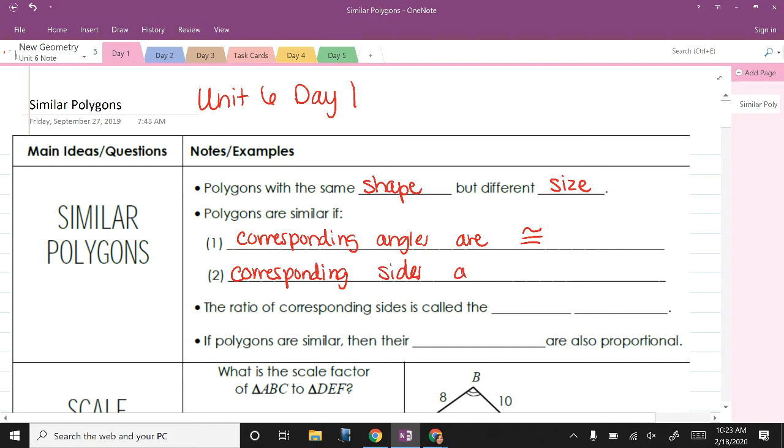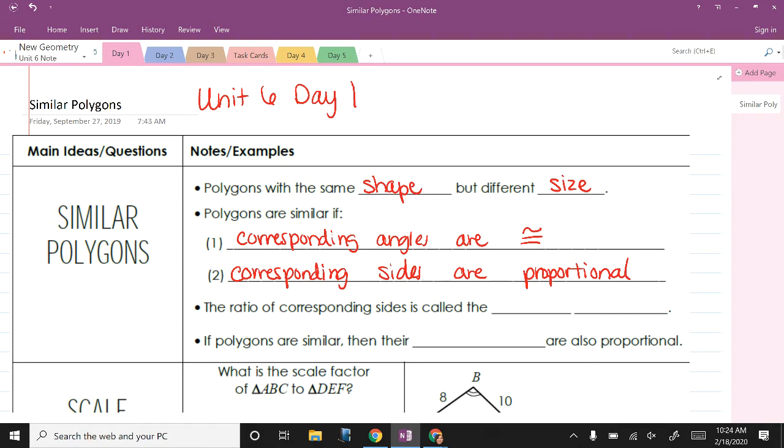Corresponding sides are going to be proportional. So congruent figures, remember, had congruent angles and congruent side measures. Similar figures are going to have congruent angles but proportional sides. Okay, so the only difference is the lengths of the sides are not going to be the same, but they're going to be proportional. Okay, the angles are all still going to be congruent.